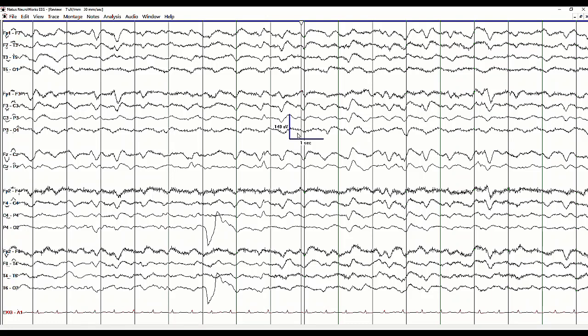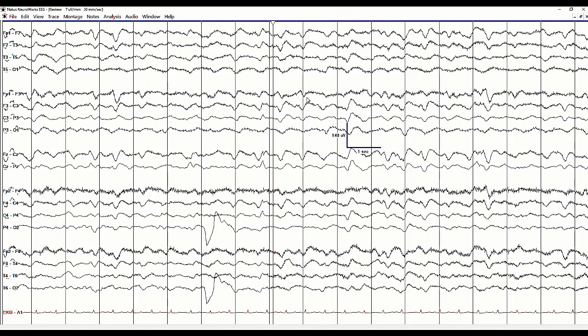We can prove that by overlaying the scale legend here and looking at the horizontal line. So that's 1 second. If they were 1 hertz, we would have one here, and one here, and one here. These appear to be a little bit faster, probably around 1.25 to 1.5 hertz. They also appear to have an anterior to posterior lag.